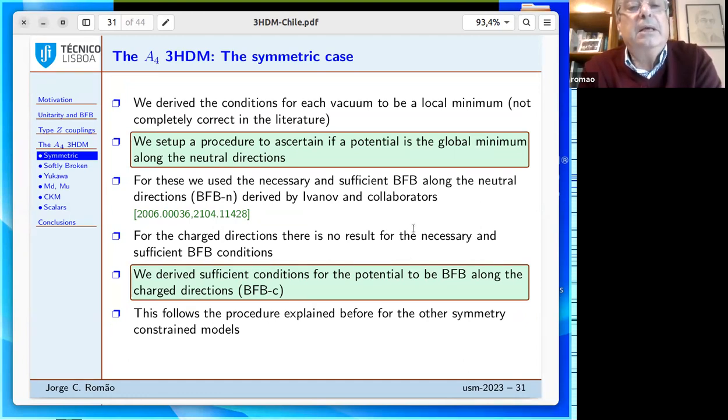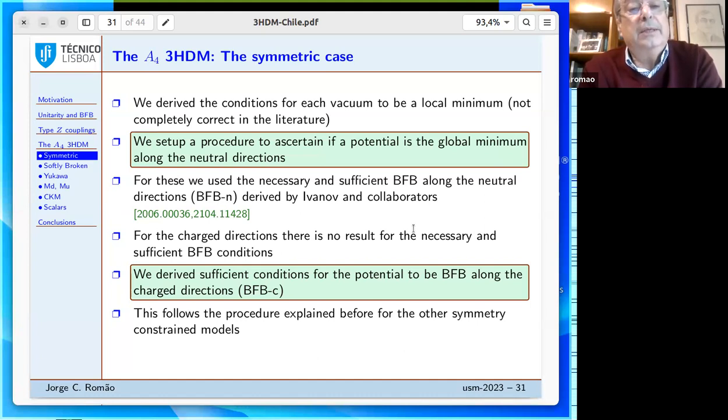The next step was that we wanted to give a procedure to ascertain if the potential is at the global minimum along the neutral directions. This uses some results that Ivanov derived before for the neutral directions.